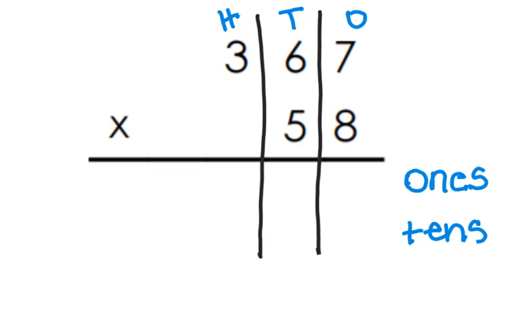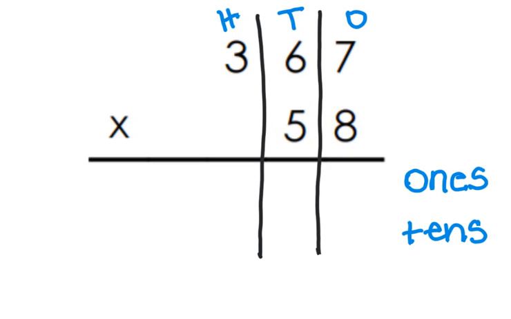Well, the confusing part is that a lot of you think that this determines how many rows you're going to have. What determines that is the two digits here. Determines whether or not we're going to have ones, tens, or hundreds.